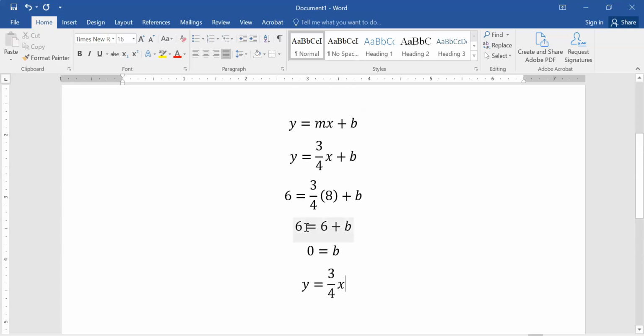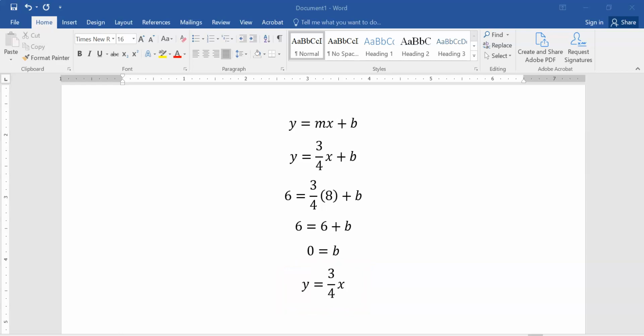You plug in the slope into the y equals mx plus b formula, and then you plug in the point in order to find your b. Once you've found your b, you rewrite your equation, and your final answer is right here. Again, if you want to keep the plus 0, that's perfectly fine. If you don't, that's no big deal either.